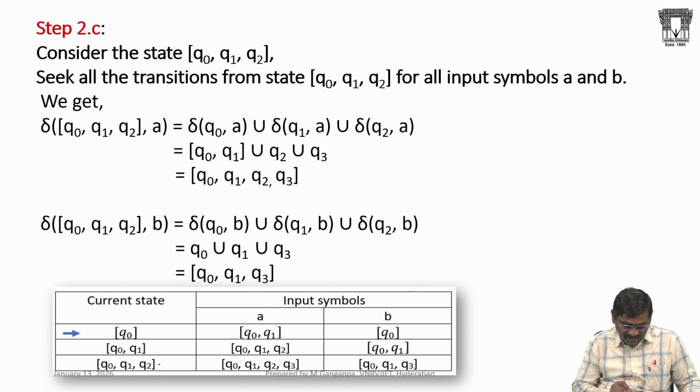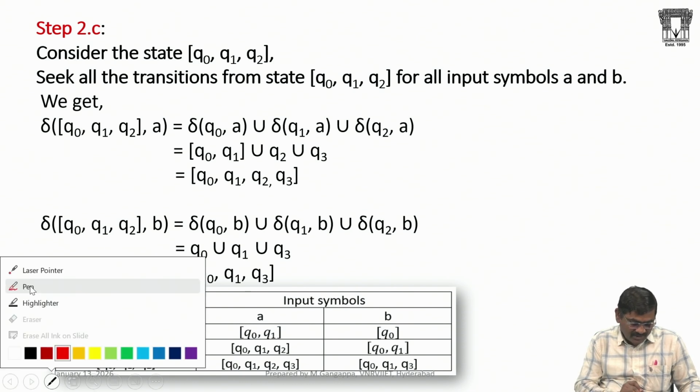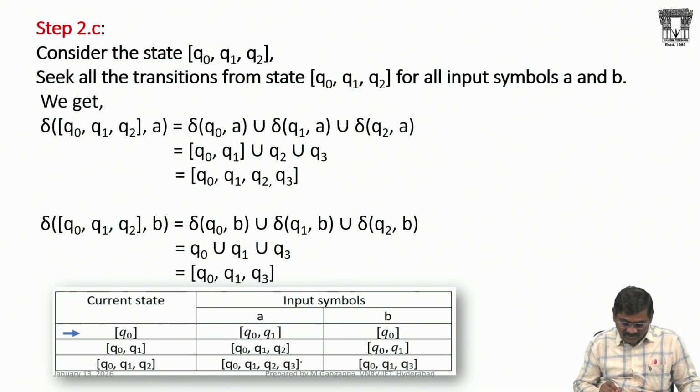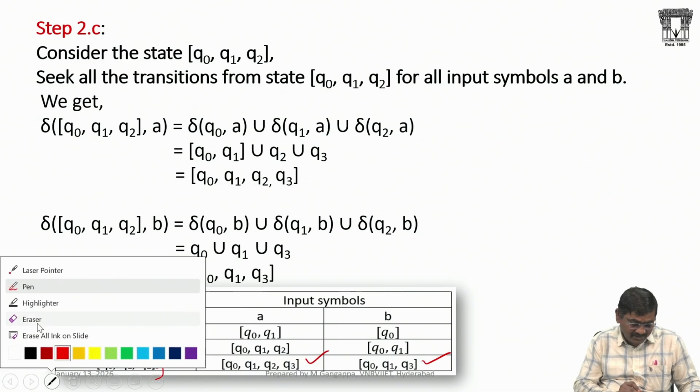So here we enter the values for the current state Q0 Q1 Q2. This is the next state, and this one is the next state. Q0 Q1 Q3 is different from the current states. And Q0 Q1 Q2 Q3 is also different from this one. Therefore, two new states are generated here.